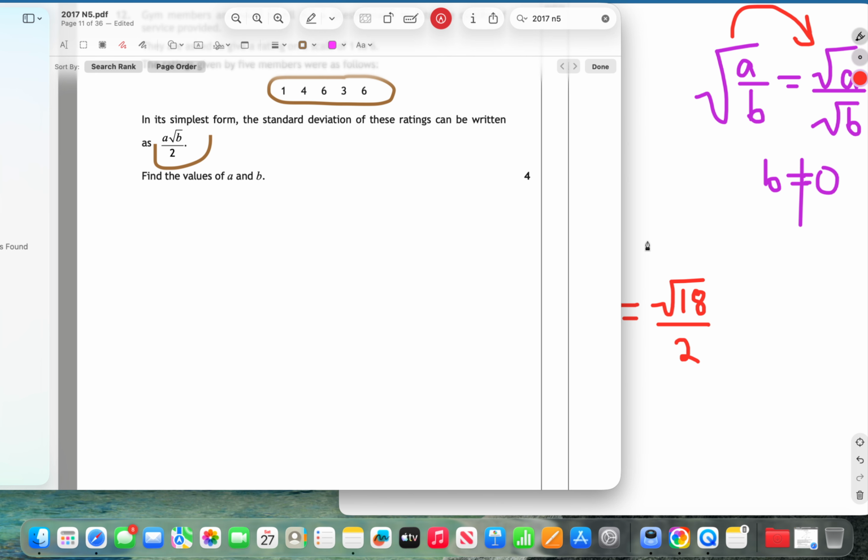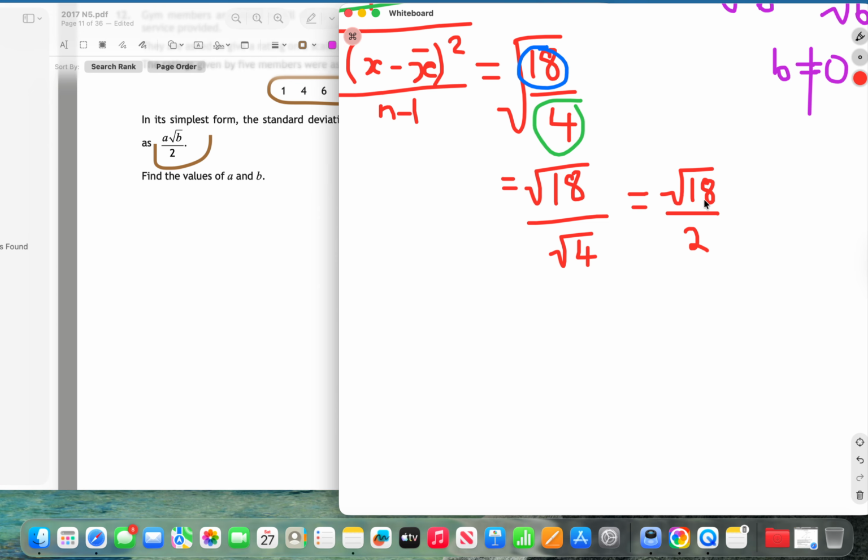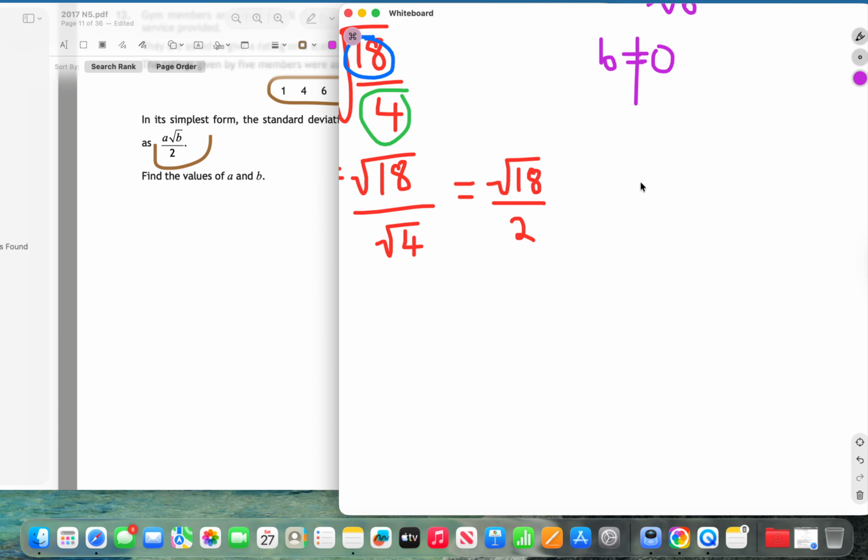Well, we can simplify root 18. And the way we're going to do that is we're going to write down all square numbers that are less than 18, like this. So 1, 4, 9, 16, and we stop there because 25 is greater than 18.